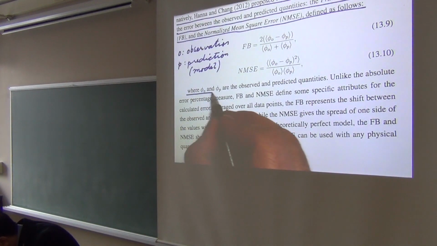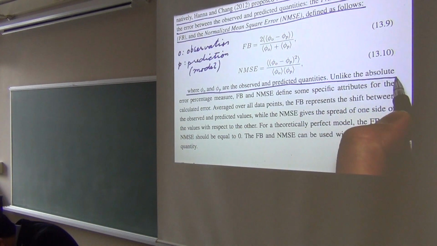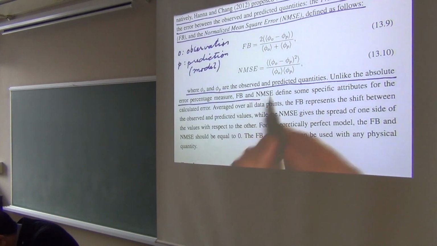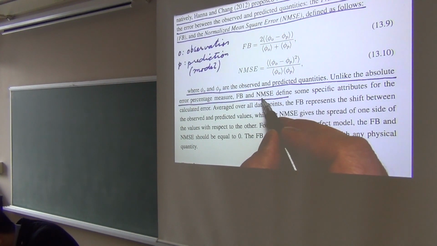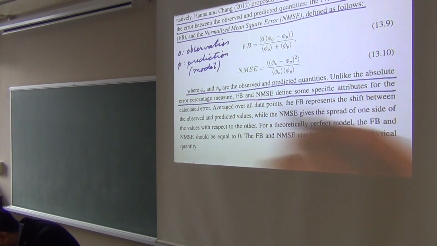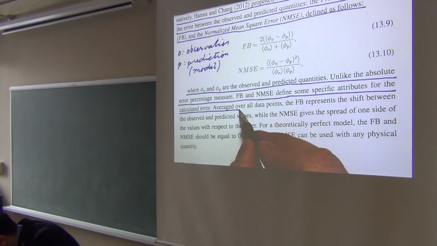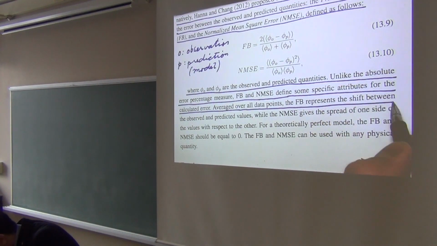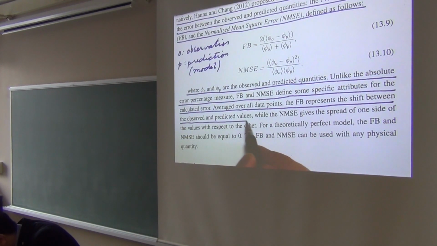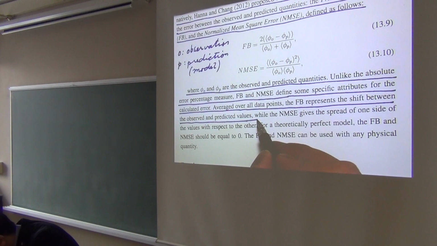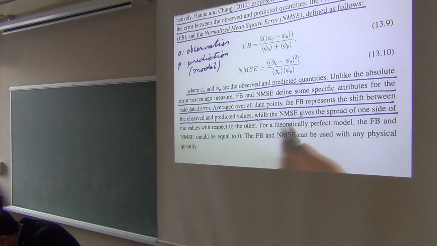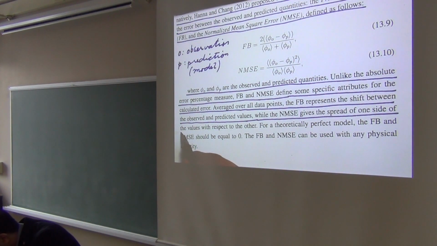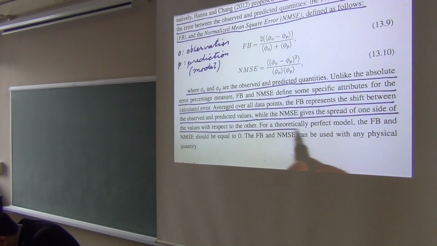So phi O, phi P are the observed and predicted quantities. Unlike the absolute error, fractional bias and normalized mean square error define some specific attribute of the calculated error. Overall, the bias shows how much shift there is between predictions and observations, while NMSE, or mean square error, shows the spread of one set of values with respect to the other.